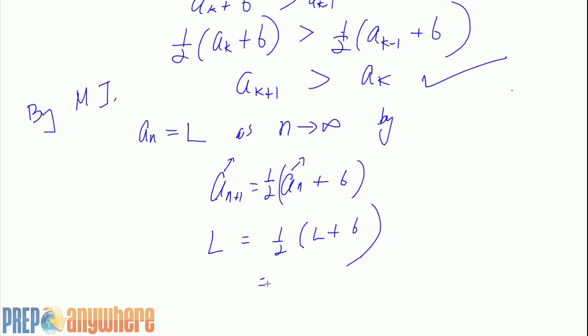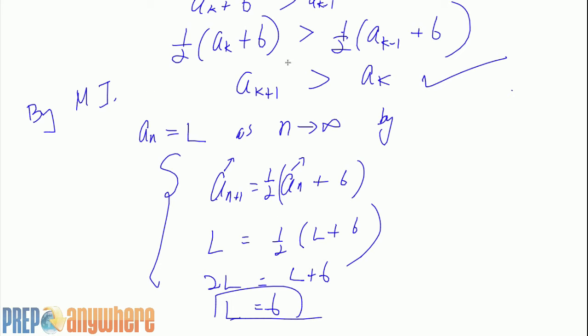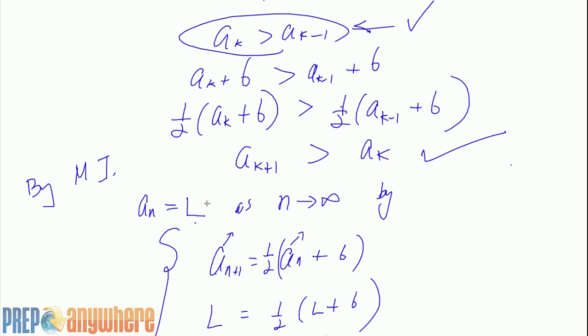So then we can say 2L is equal to L plus 6, so L must be 6, just as we suspected. This is something that you do after you prove that it is going to get there. I'm assuming that AN is approaching L, but I first need to prove that it has an upper bound. So this is the upper bound.